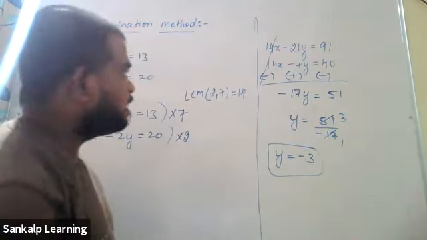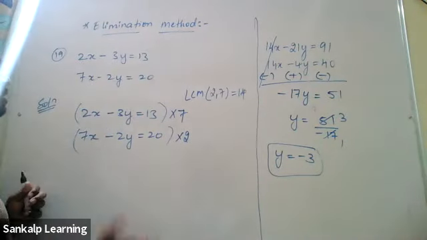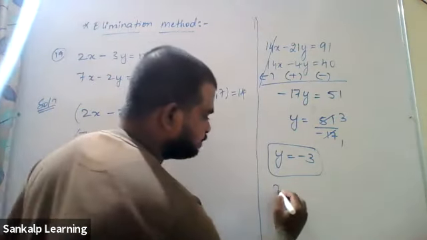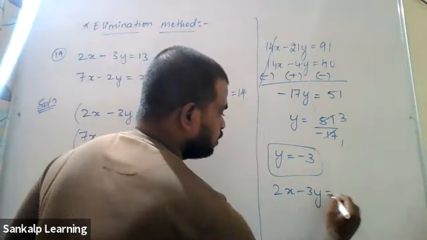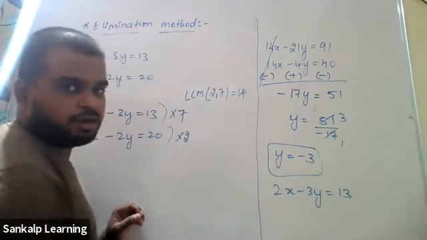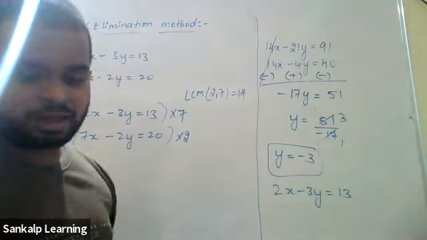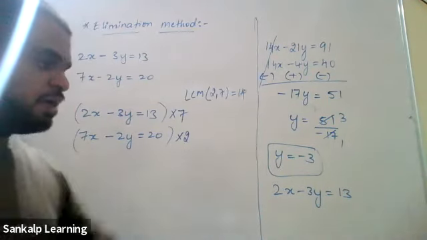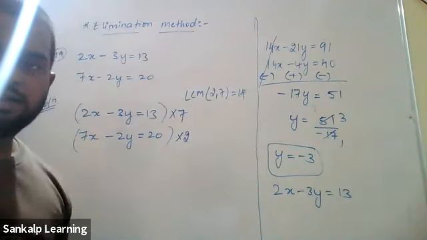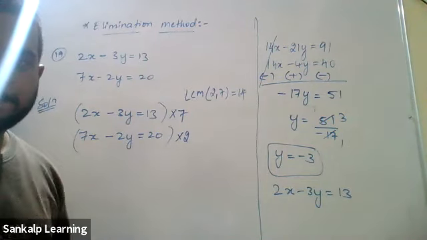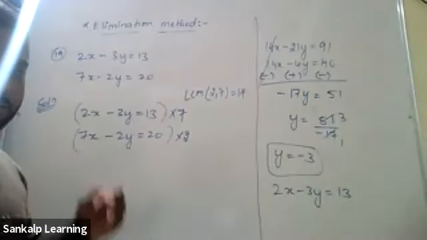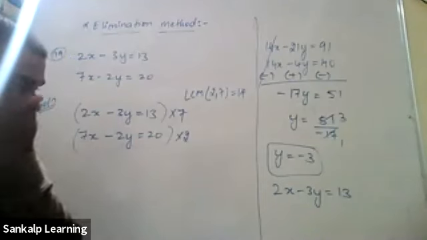What will be the next step? Take any equation you choose. Let me take the first one itself. Put the value of y here, that is minus 3, and calculate the value of x. I guess from here you can do it, isn't it? Yes, sir. X is 11.